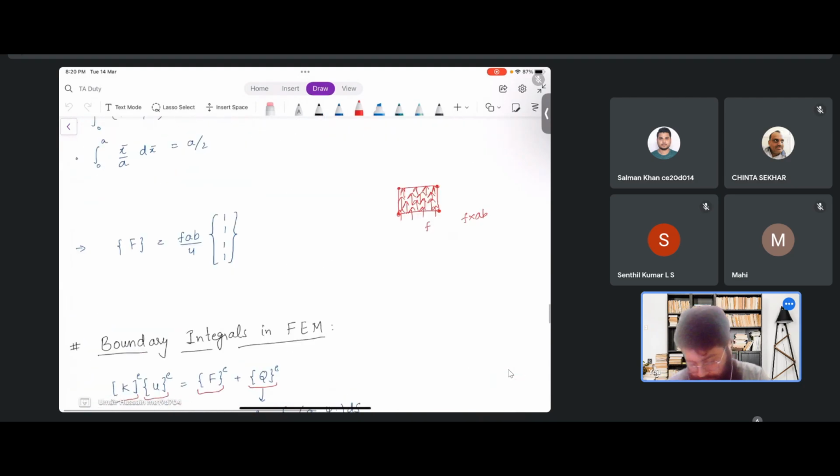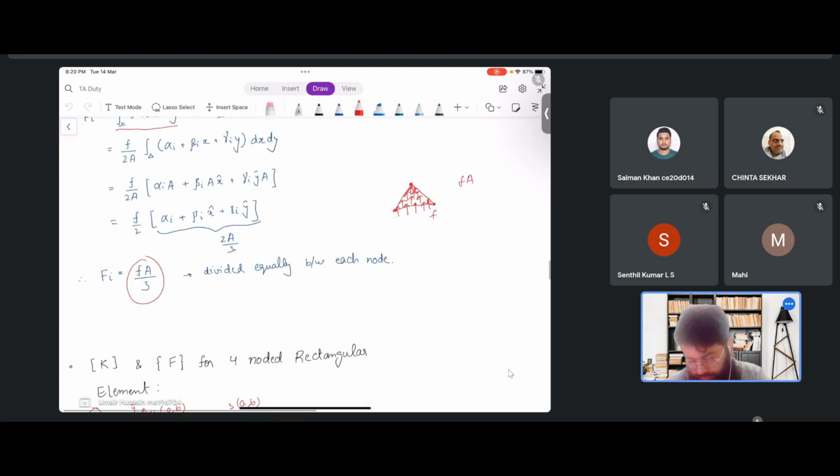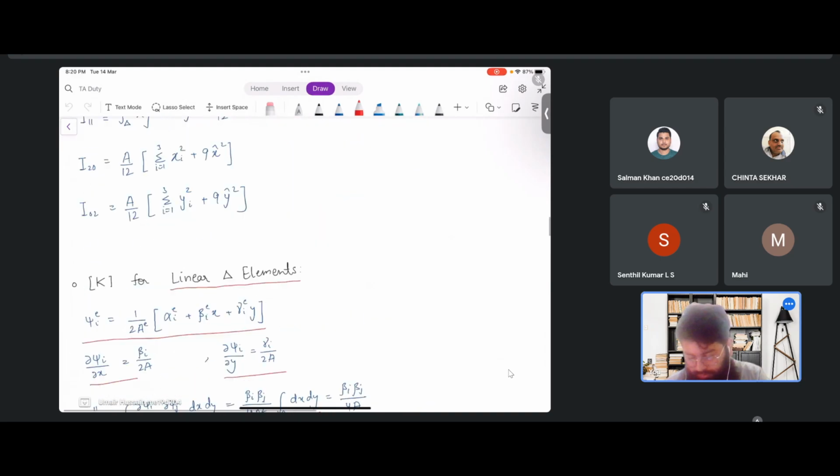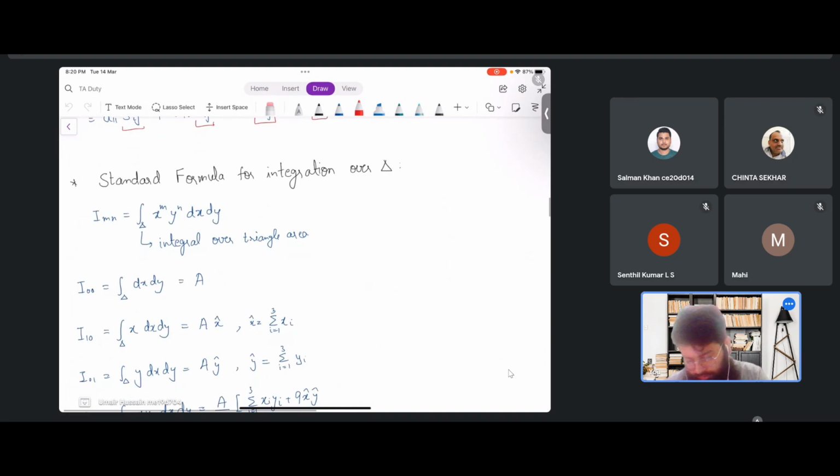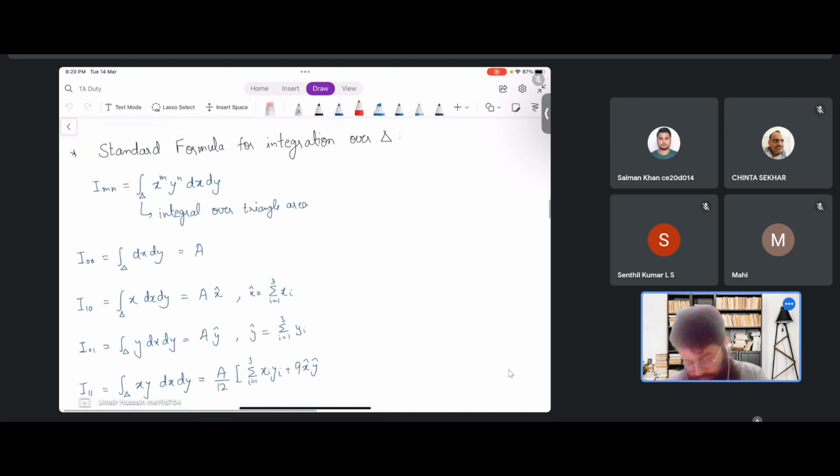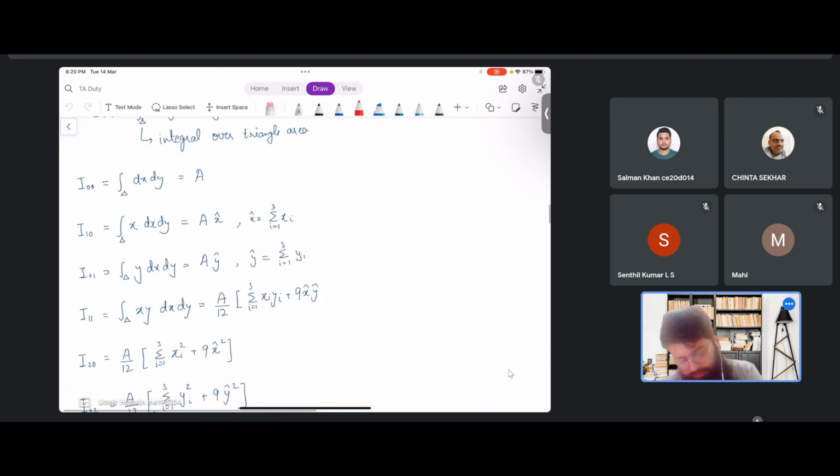Where did it go? So we have I11. Yeah, here.